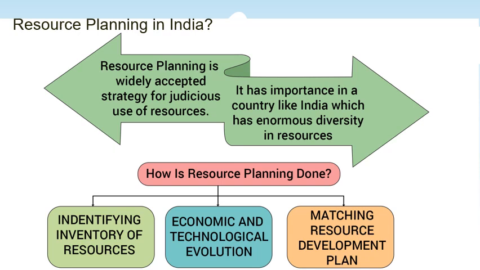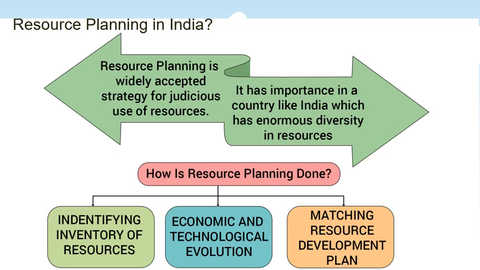Thirdly, we have matching the resource development plans with the overall national development plans. That is, we check whether the resource plan that we made matches with the national development plan for the country. Because the main aim is that after using the resources, there should be an overall development of the whole nation, not only a few areas.